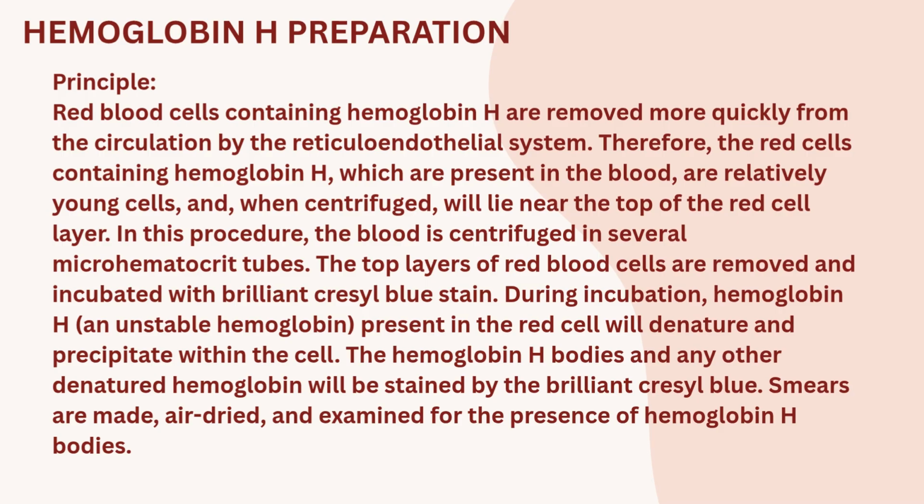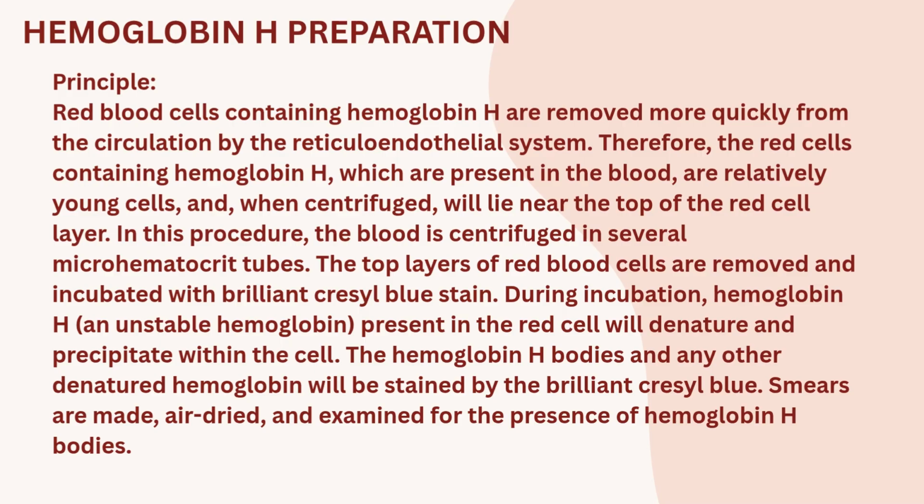So, for the principle, red blood cells containing hemoglobin H are removed more quickly from the circulation by the spleen or by the reticuloendothelial system. Therefore, red cells containing hemoglobin H are relatively young cells and when centrifuged will lie near the top of the red cell layer. In this procedure, the blood is centrifuged in several microhematocrit tubes.